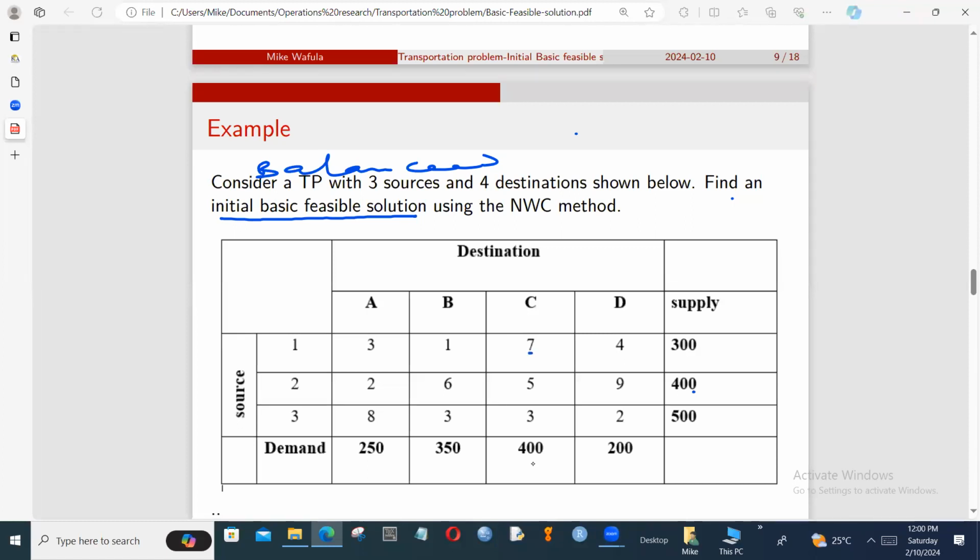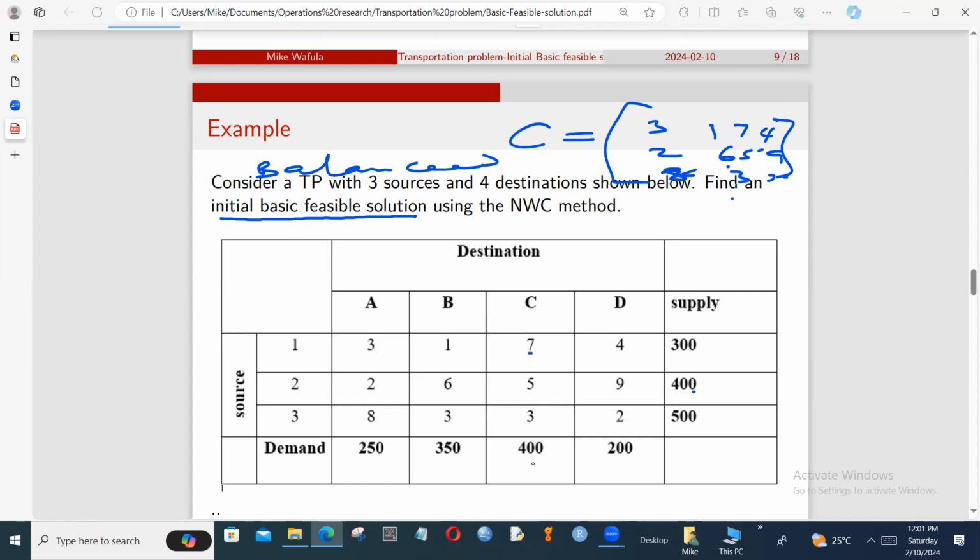It's even more expensive to transport a single unit from source one to destination C. That gives us a cost matrix: 3, 1, 7, 4; 2, 6, 5, 9; 8, 3, 3, 2. So it is a matrix with 3 rows and 4 columns.